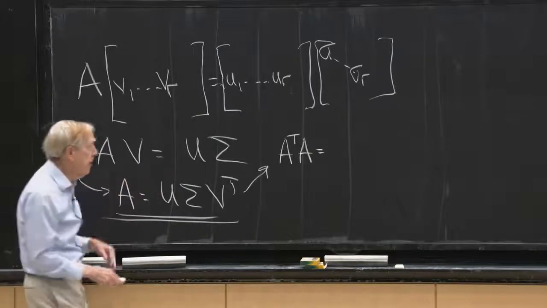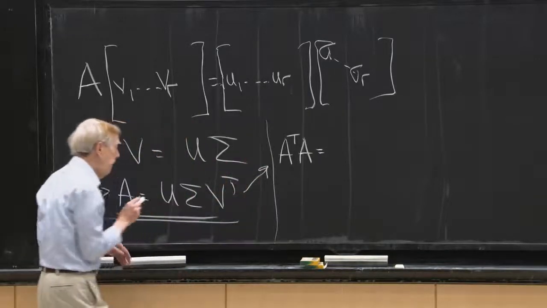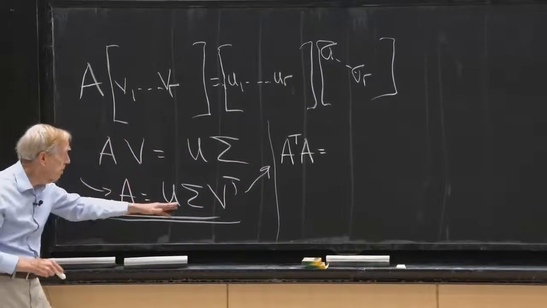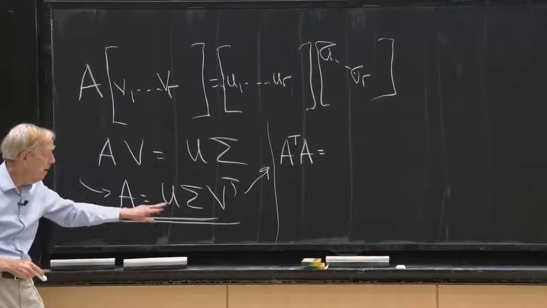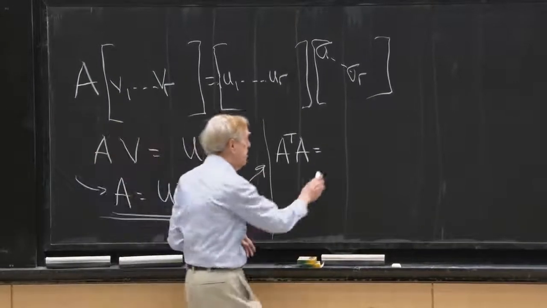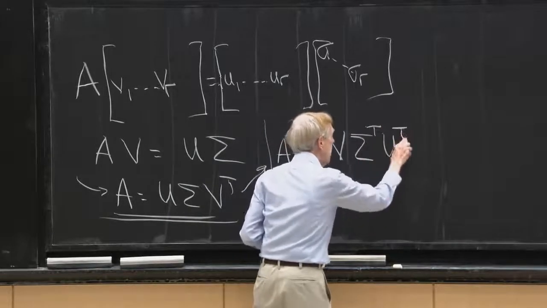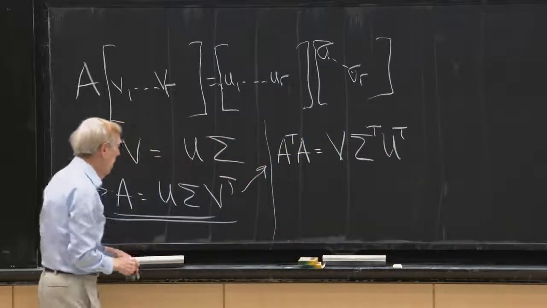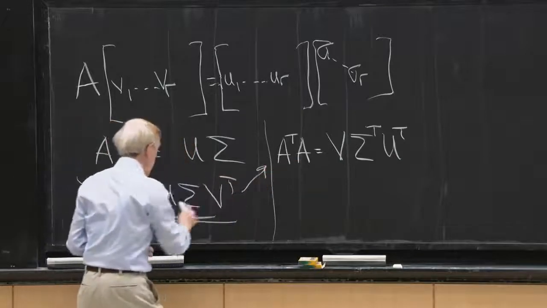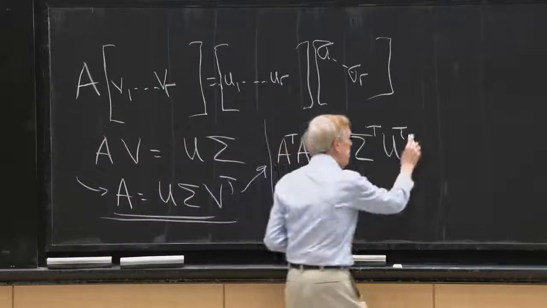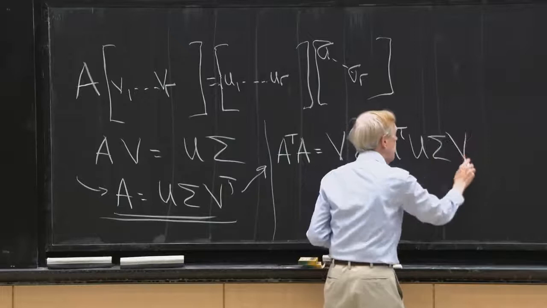If I form A transpose A, so I've got to transpose this guy, A transpose is V sigma transpose U transpose, right? And then comes A, which is this, U sigma V transpose.